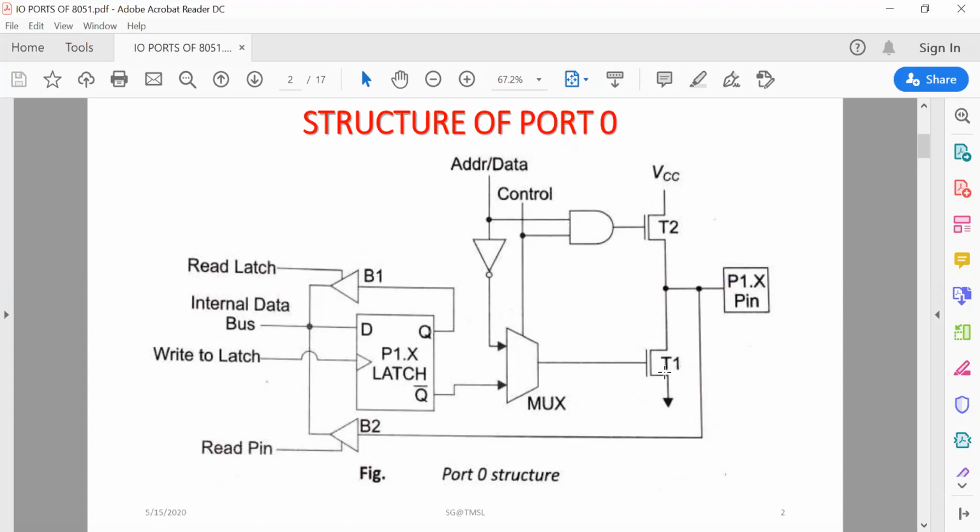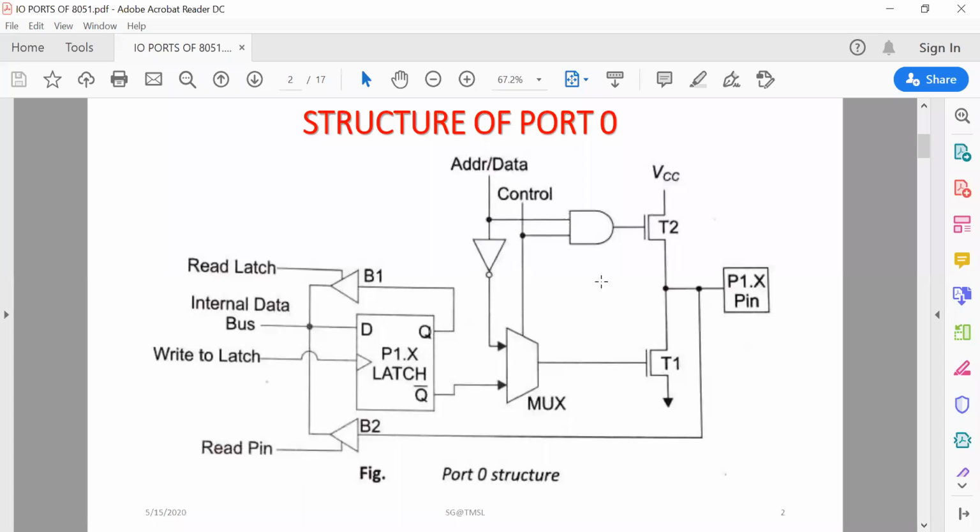Now if this address data line is 1, then the upper transistor T2, or FET, is on and the lower is off, so the pin becomes logic 1.